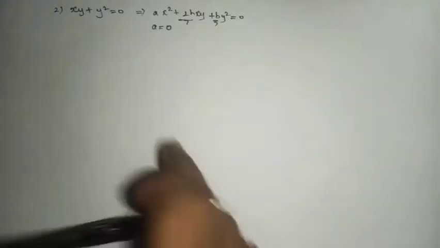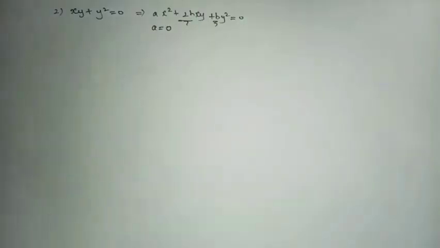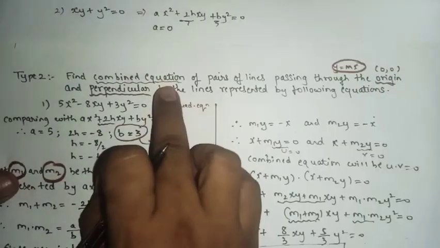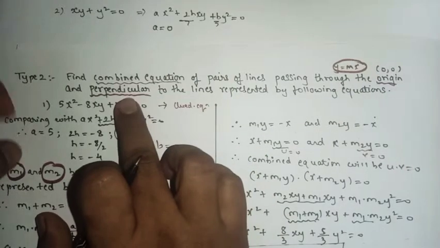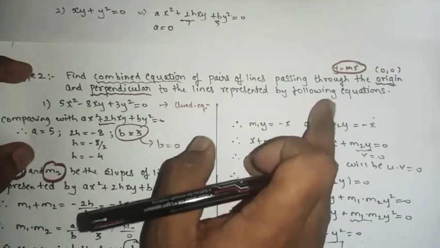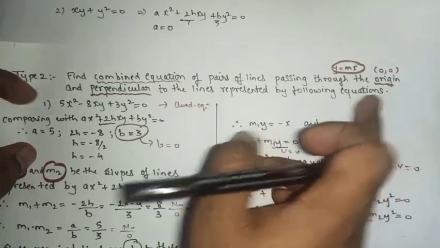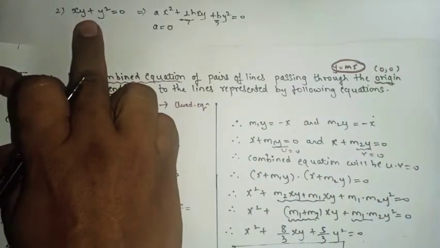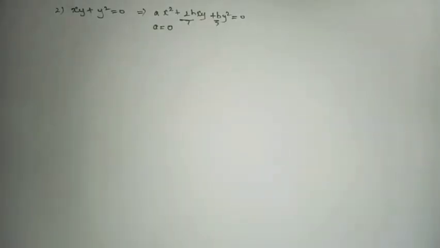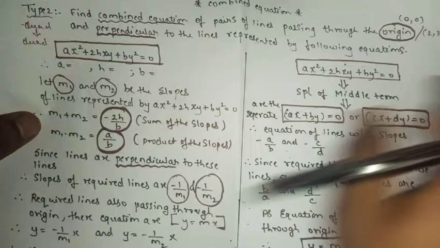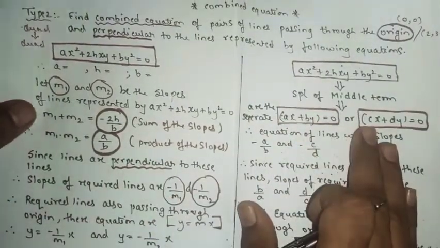Here the second question is: we have to find the equation of pair of lines passing through the origin and perpendicular to the lines represented by the following equation. Here the equation is xy plus y square equal to 0. As we know, there are two methods to solve the sum, method number 1 and method number 2.